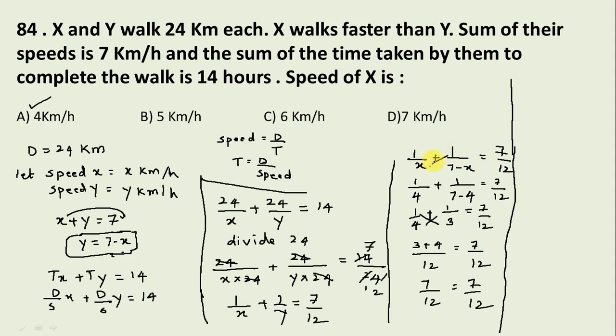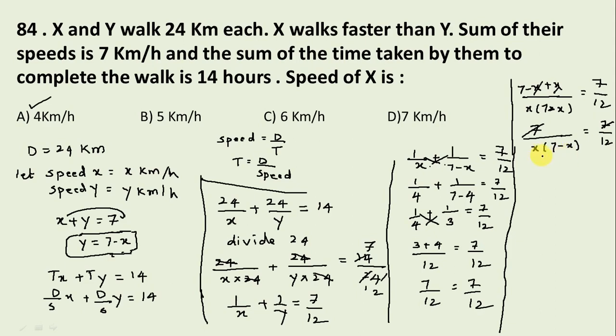Take cross multiplication here. That is 7 minus x plus x divided by x into 7 minus x is equal to 7 by 12. Plus x minus x cancels. 7 divided by x into 7 minus x is equal to 7 by 12. 7 7 get cancelled both sides.